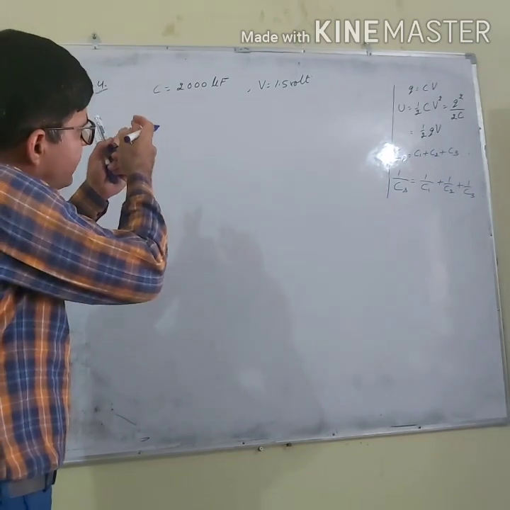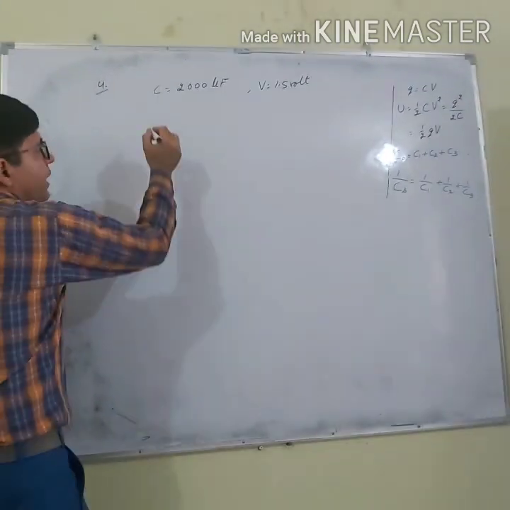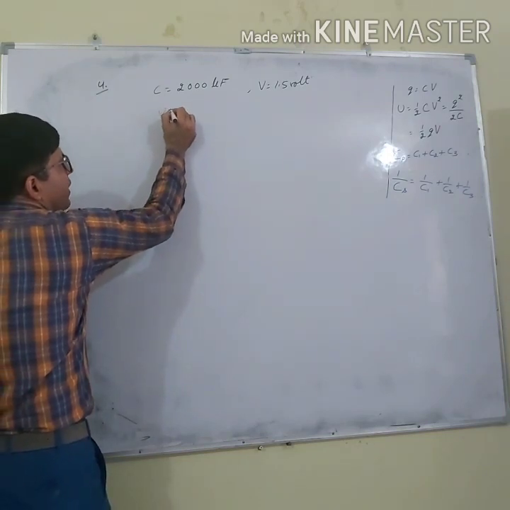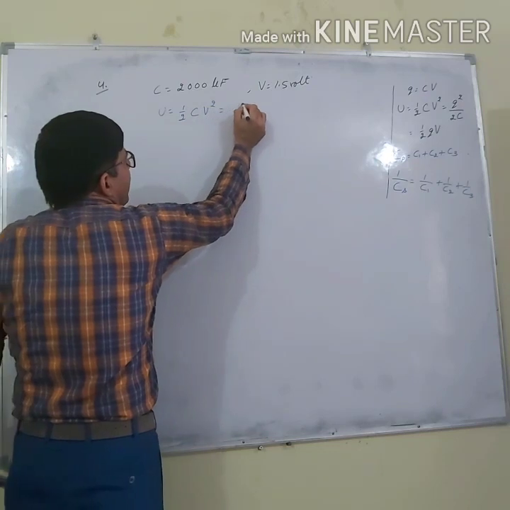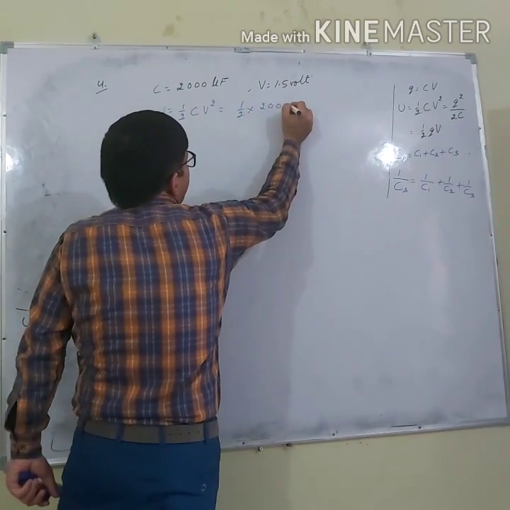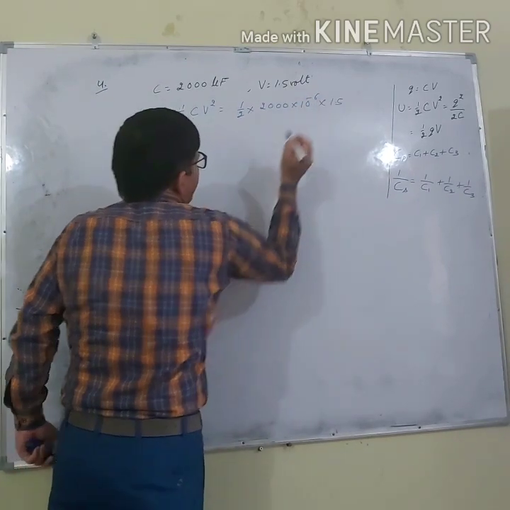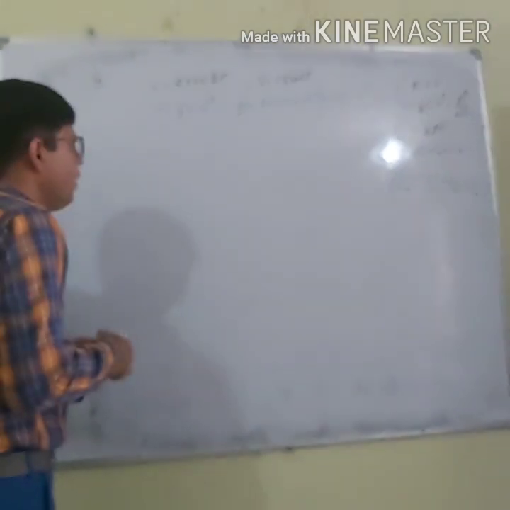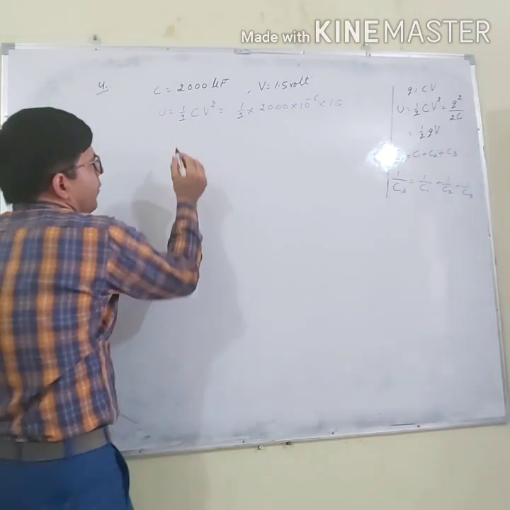It will charge the capacitor, and as a result potential energy will be stored in the capacitor, given by half CV square. If you calculate, it is 2000 into 10 to the power minus 6 multiplied by 1.5 square.